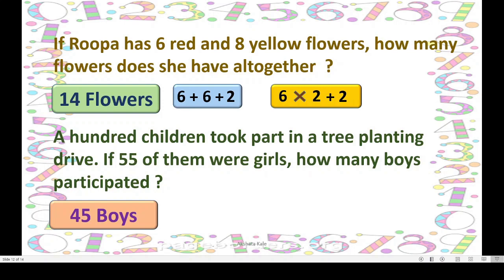See dear children, one simple method I want to tell you. Here we can take 100 minus 50. You know the answer is 50. Again from that 50 you will minus 5, then you will get 45. See, if you find this easy, then you can follow this. Okay?